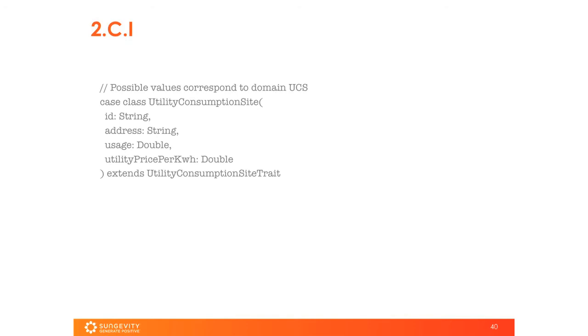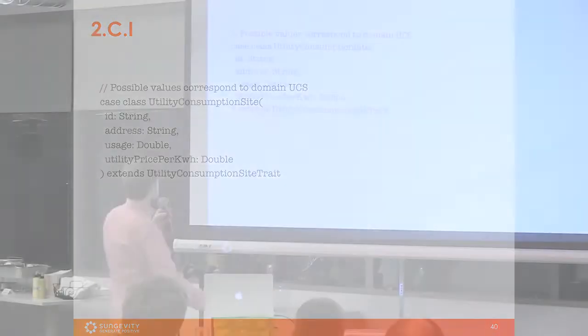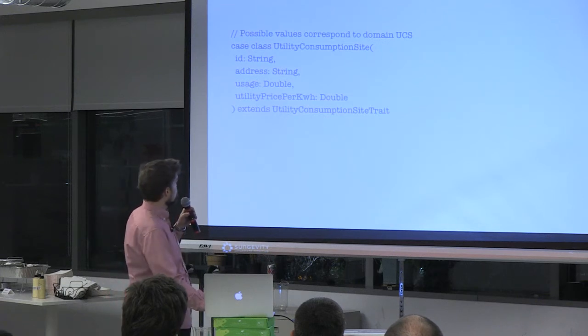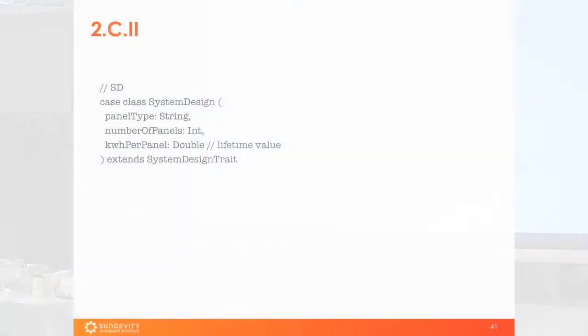So how would we actually implement these kinds of things? Well, how is it a guide to actually writing code? Finally, there's some Scala on the screen. Well, if we define primitives like a utility consumption site about someone's address, their usage information, and their utility price, and then a system design as being this domain, which is just the product of those primitive domains, right?